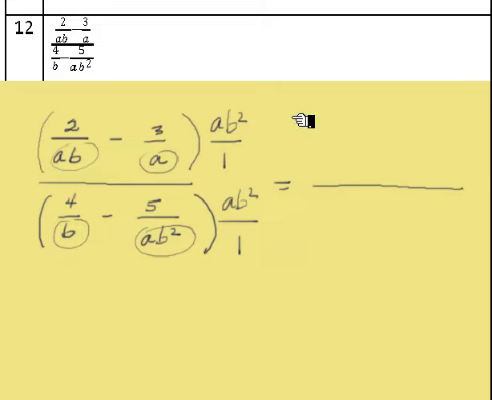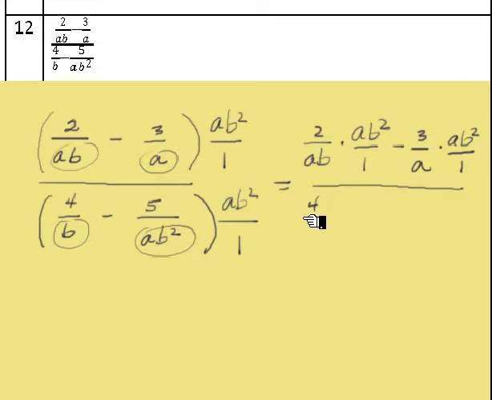First distribute. First this times this. Just write it out and multiply through. Again, first just write it out, and then in the second step we cancel. In the denominator, 4 over b times ab squared over 1, minus the second fraction, 5 over ab squared times ab squared over 1.